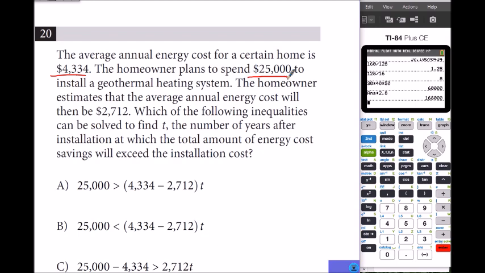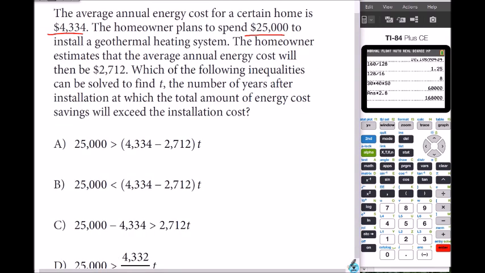Which of the following inequalities can be solved to find t, the number of years after installation at which the total amount of energy cost savings will exceed the installation cost? Okay, so the installation cost is $25,000. So we want to know when it's greater than that. So it must be greater than, right?